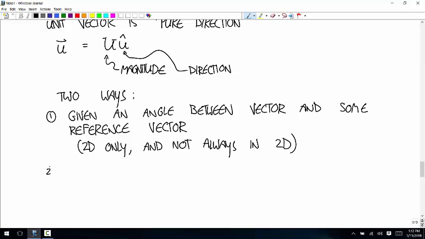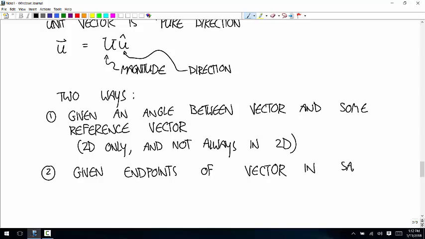And then the second one is, given the endpoints of a vector in the same direction.